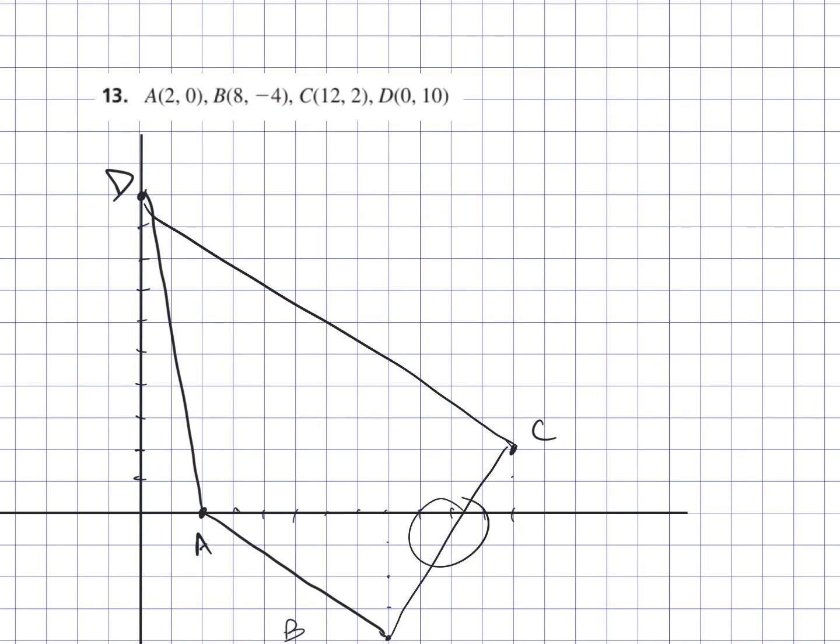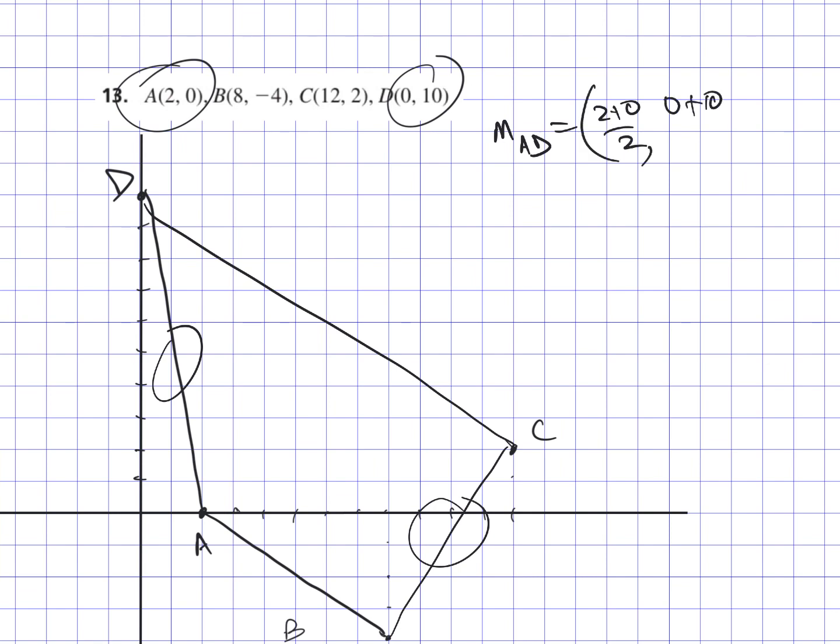Okay, so our midpoints, let's find those. We'll go midpoint of A to D. Again, use A and D. 2 plus 0 over 2, and 0 plus 10 over 2. So that's 2 over 2 is 1, 10 over 2 is 5.